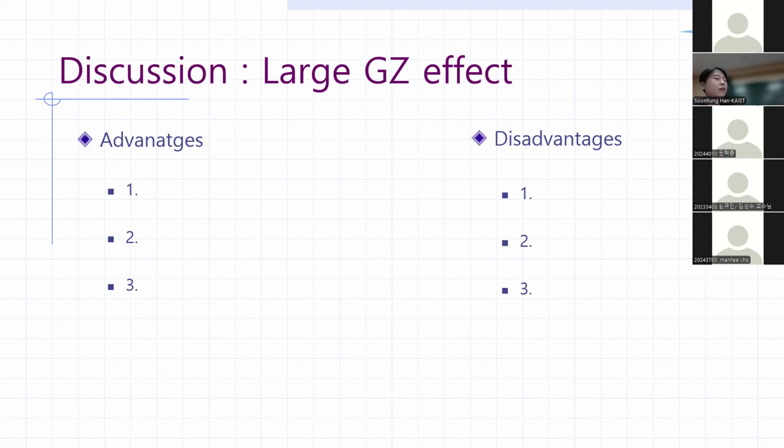So what's the effect of the ship having a large GZ? What are the advantages and disadvantages?